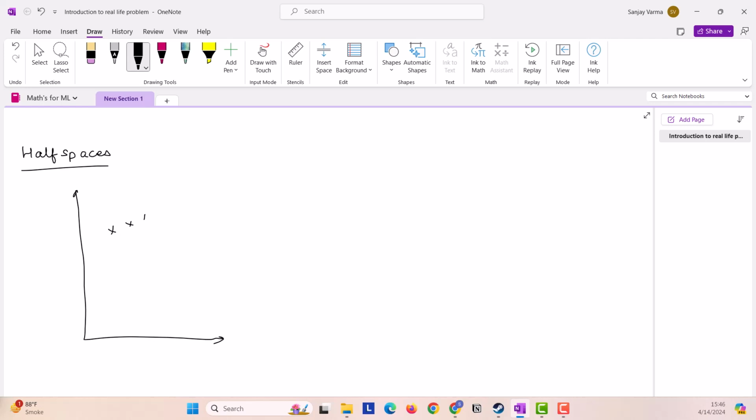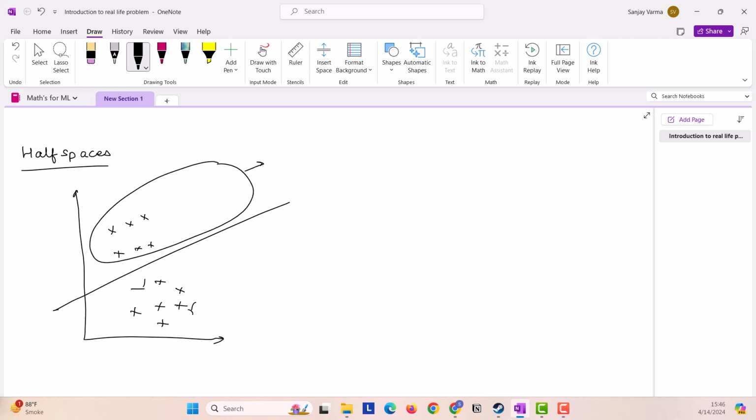Let's say we have some data points, right? And this is separated by a separator. So this side is called a half space. And this is also called another half space.